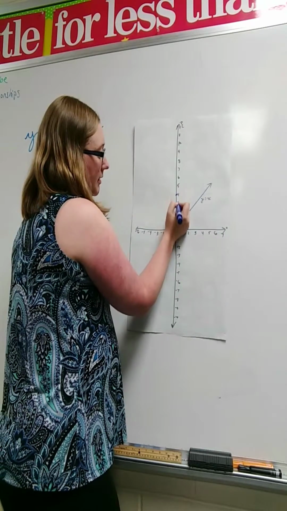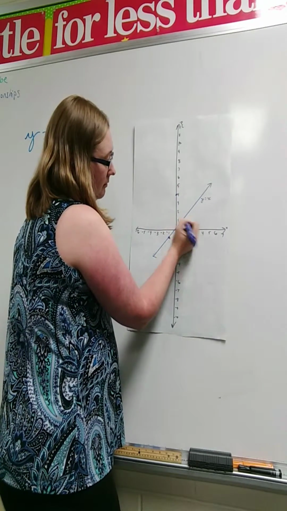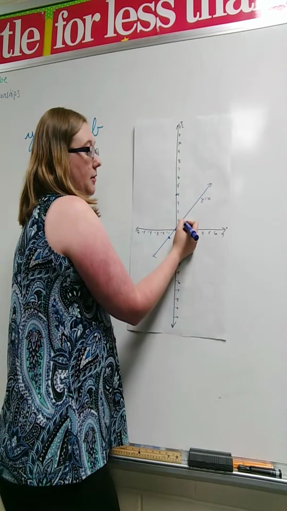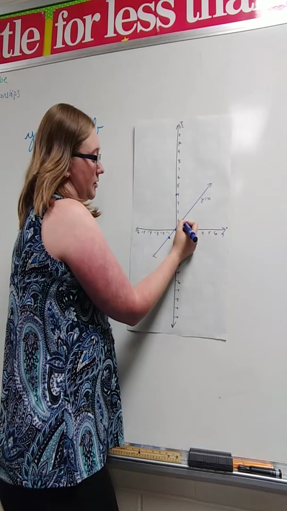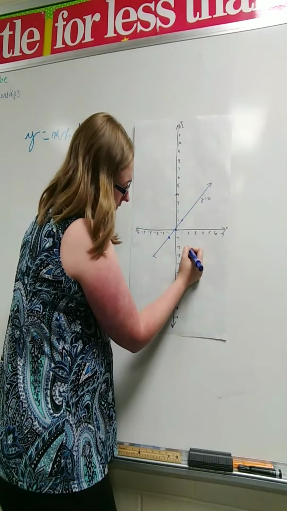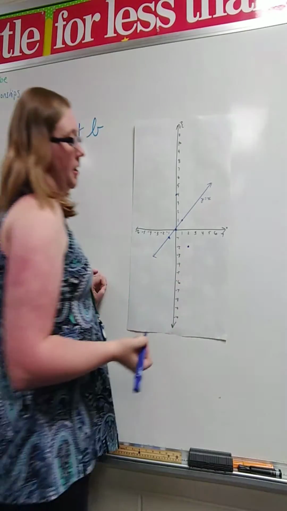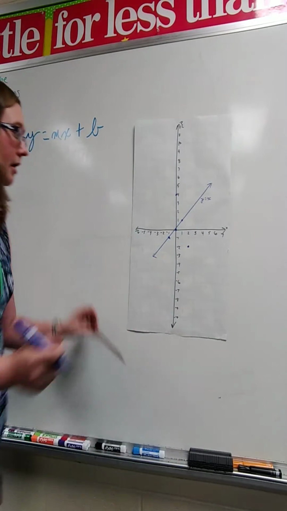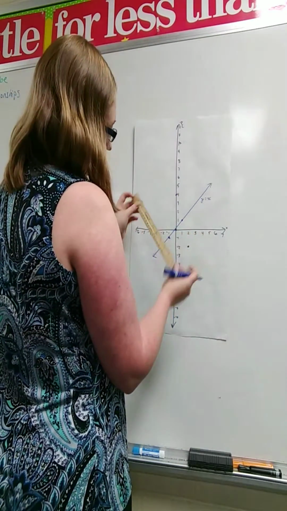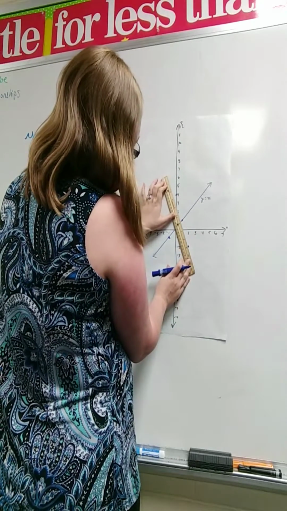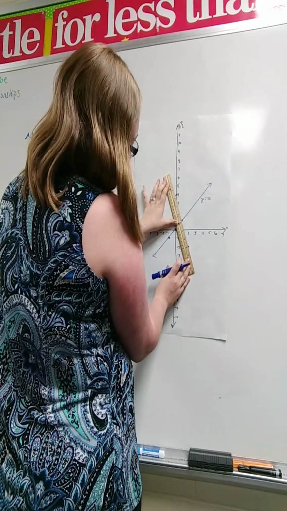So I go down 3, 1, 2, 3, over 1. Oh, look, we already have that point. Let me go ahead and add another just to make sure. 1, 2, 3, over 1. Here we go. And I'm going to go ahead and continue that line just to make sure.